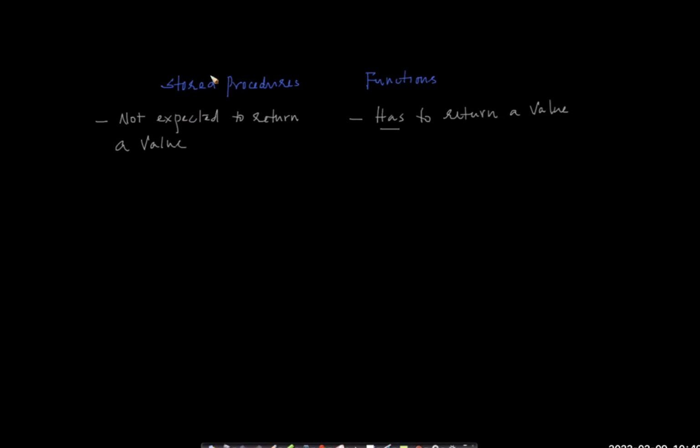What else? How do we call a stored procedure? Call procedure, whereas for functions we use a select statement only. When you want to call a stored procedure, you say call followed by the name of the procedure, and if required, you can pass some parameters to it.